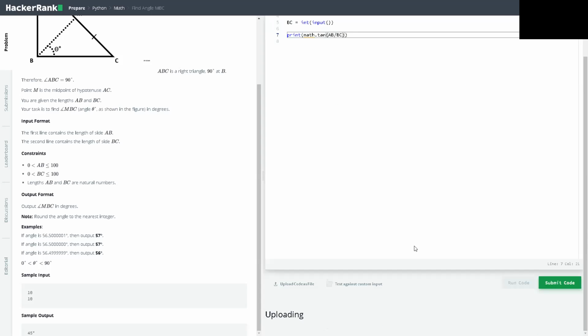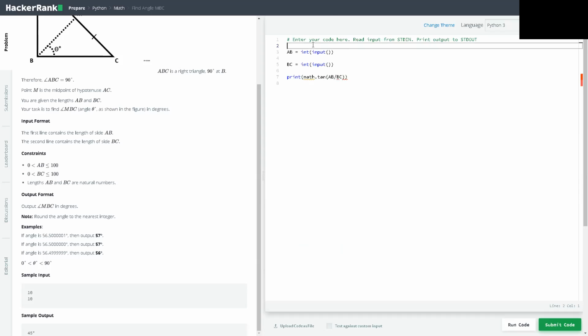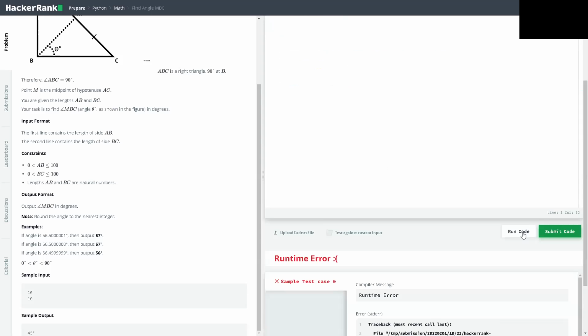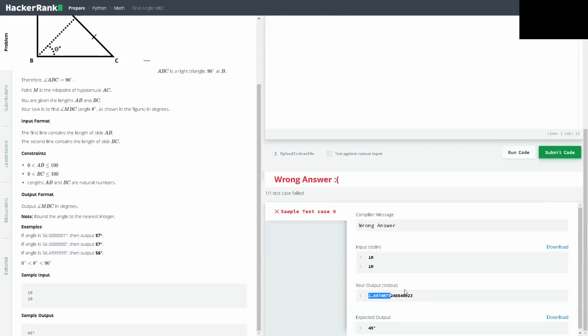Okay, let's print this out first and try to understand what's going on. Oh, we forgot to import the math library. So import math. Okay, so that will work. Yep, so this is the number that we are getting.